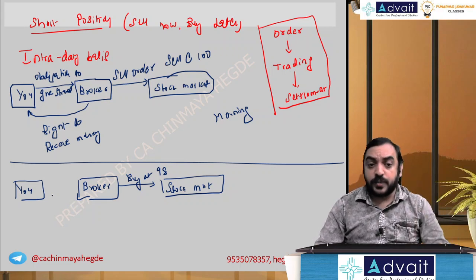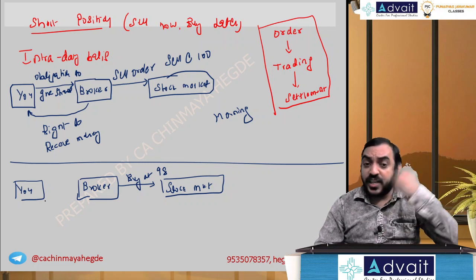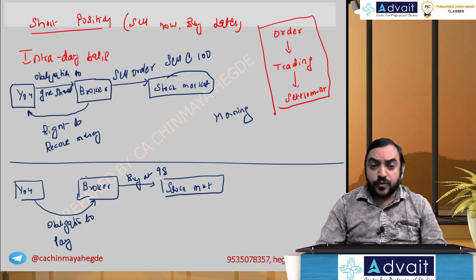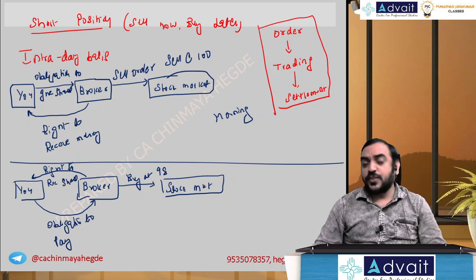Buying the same share means you have obligation to pay money, and you have right to receive the share. Right to receive shares.